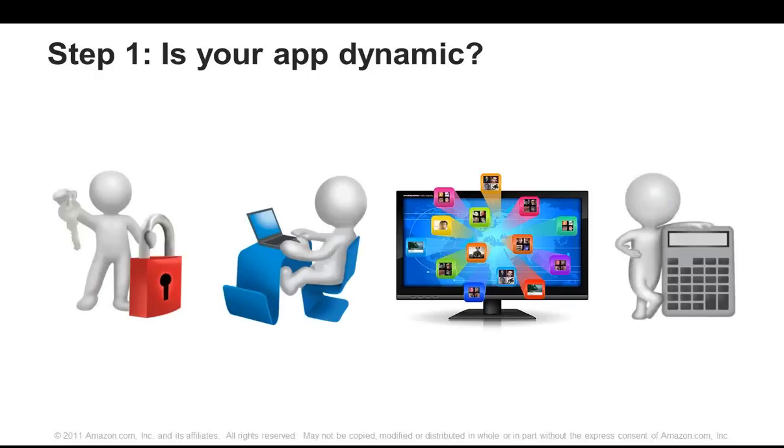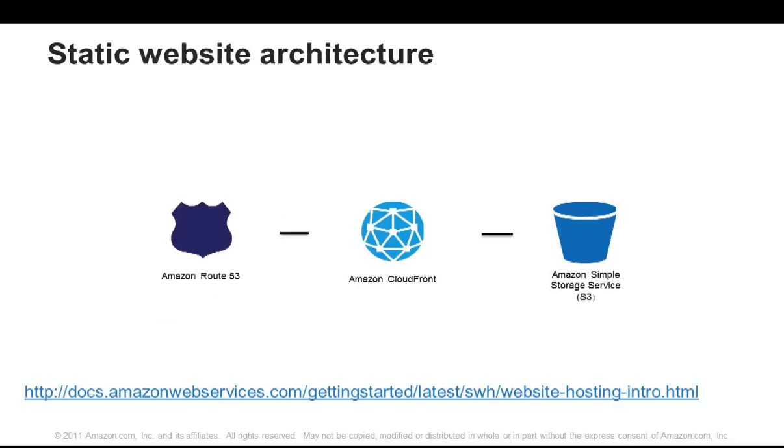And we'll talk about what that architecture looks like here. And there are a lot of advantages to having this sort of simplistic architecture for your website if your app is truly not dynamic.